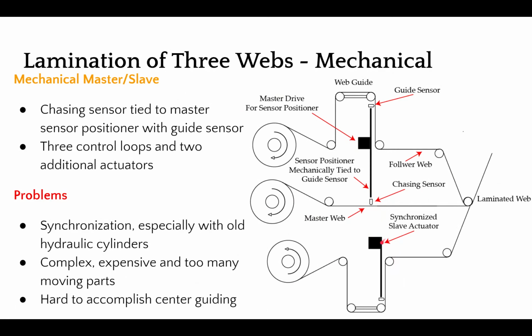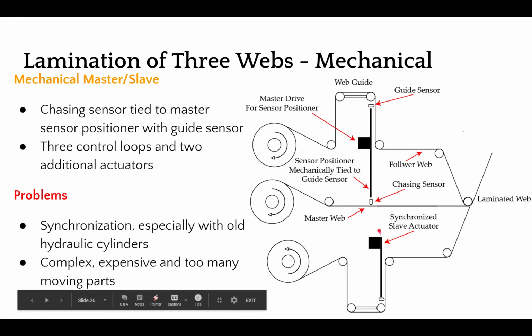Now you are looking at one control system for this web guide, one control system for this chasing moving sensor positioner, another control system for the slave actuator, and then another control system for this web guide.